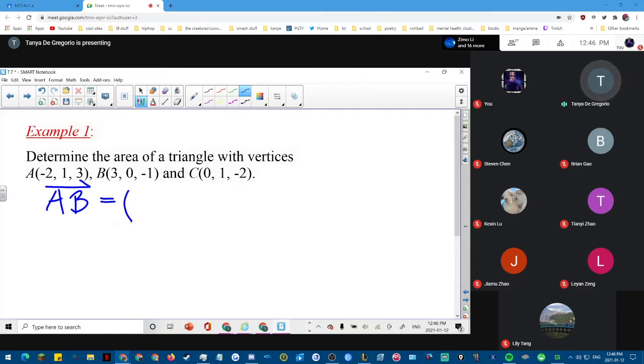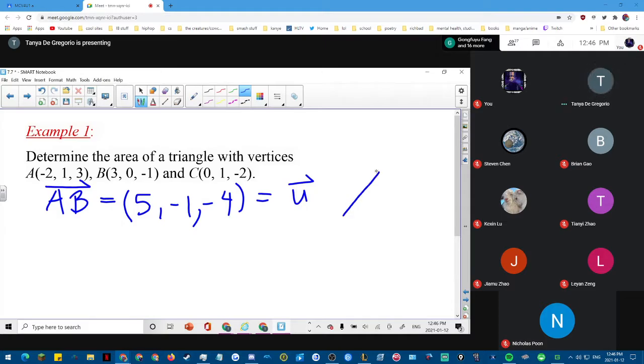Vector B minus vector A. Negative 5, 1, and negative 4. Perfect. Now I can call this vector U, or vector AB. I'm just saying U because that's how you learn the formula. So that's one side of my parallelogram, or of my triangle as well.